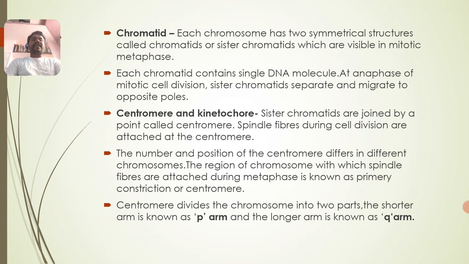At anaphase of mitotic cell division, sister chromatids separate and migrate to opposite poles. During anaphase, the centromere divides, and both chromatids, each carrying a centromere, move towards the opposite poles. This is what chromatids are.